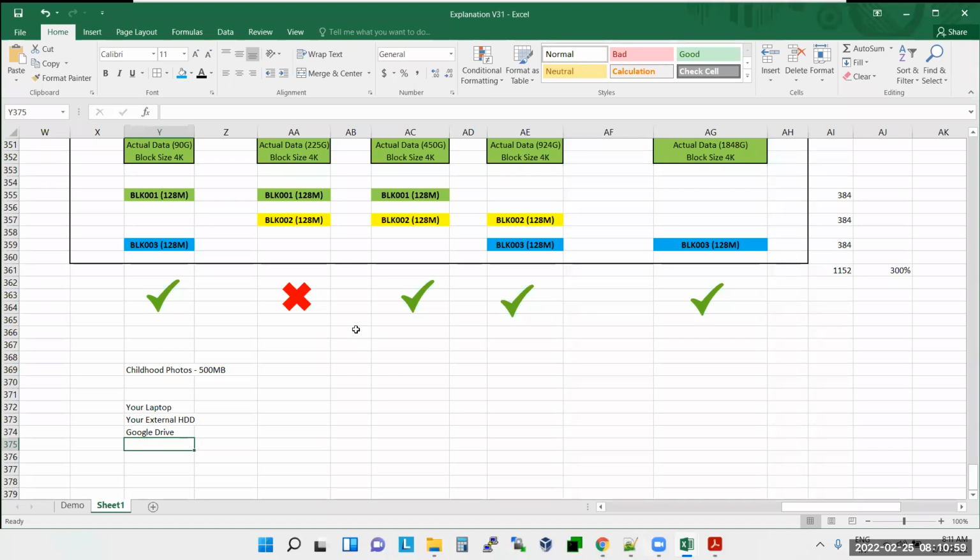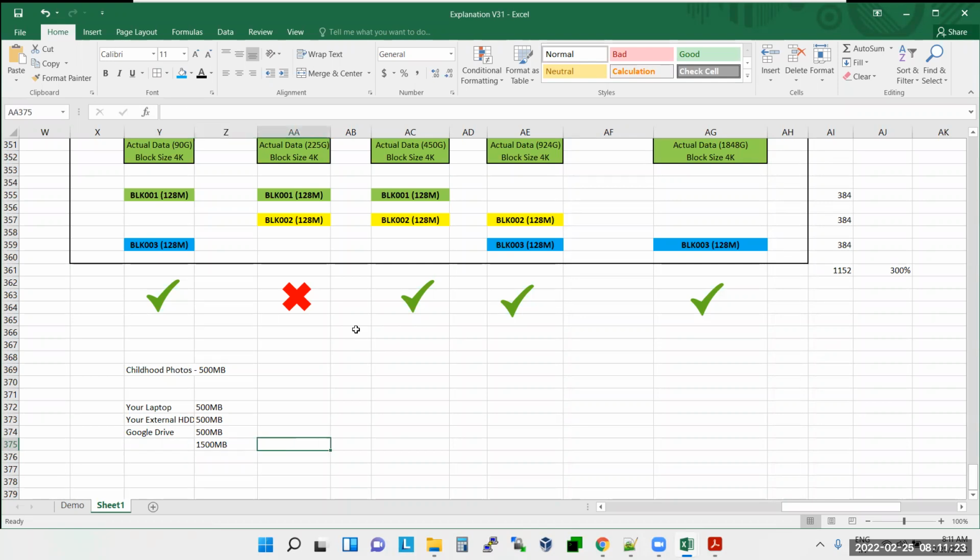You're also doing the same thing, right? You have childhood photos, and you put one copy in the laptop, 100 MB. The second copy in the external hard disk, 100 MB. The third copy in Google Drive. In total you are spending around 1500 MB here also. Are you thinking about the storage?